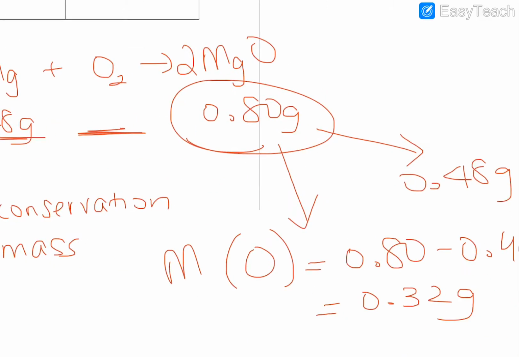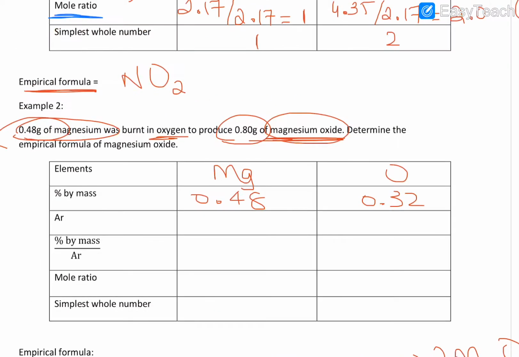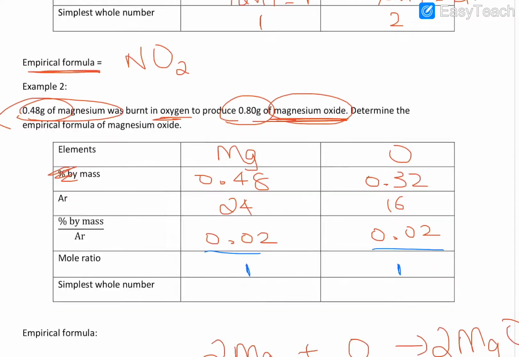So in this question, we're working with mass, so here it is just going to be mass. Now the AR for magnesium is 24 and for oxygen is 16. We take the percentage divided by AR here, and we're going to divide by the smallest. If you look at these two values, they are the same, so this is just going to be 1 and 1.